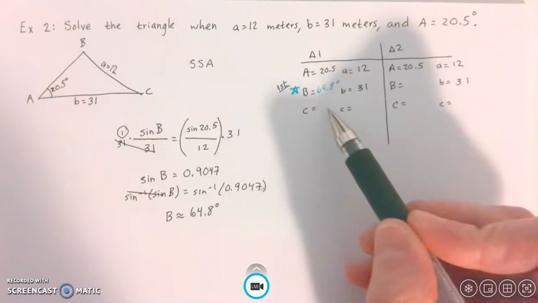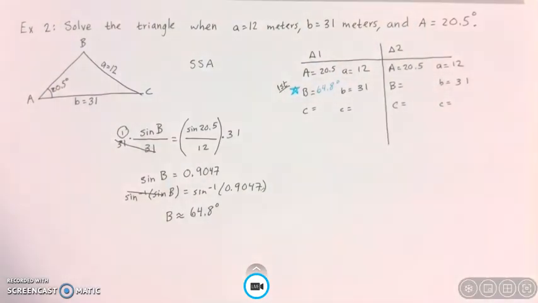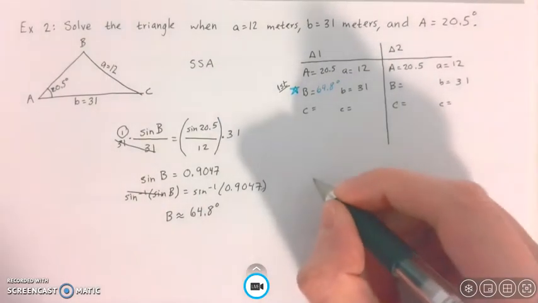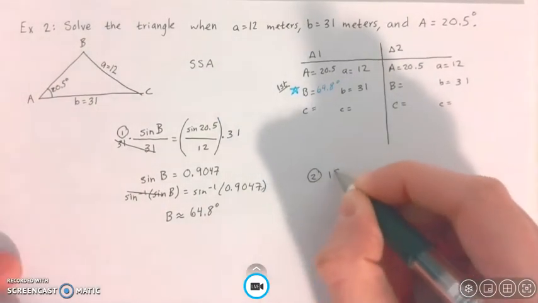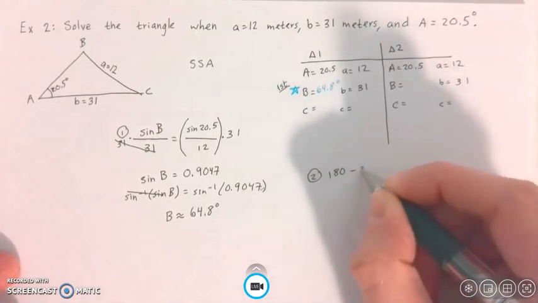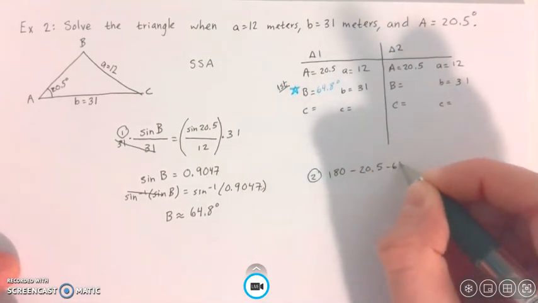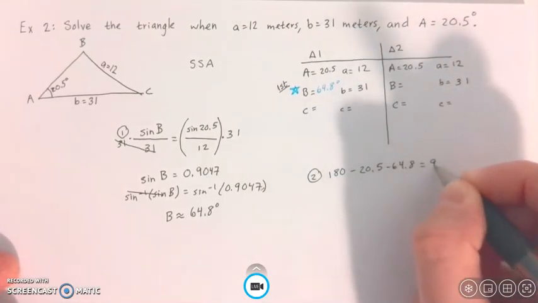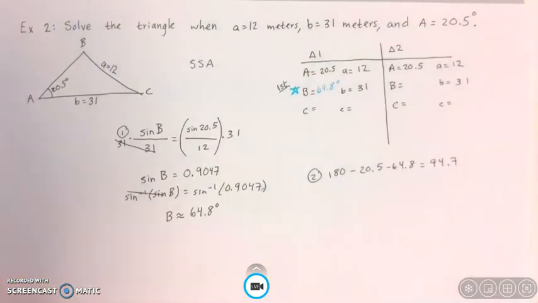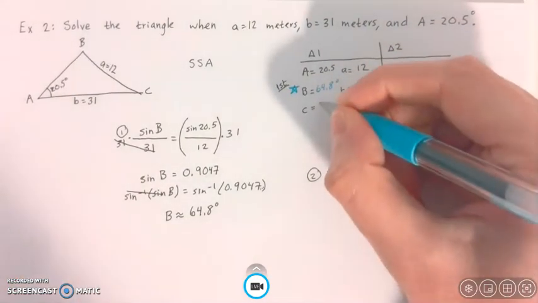To get angle C, I can just do 180 minus 20.5 minus 64.8, and I get 94.7 degrees for my third angle.